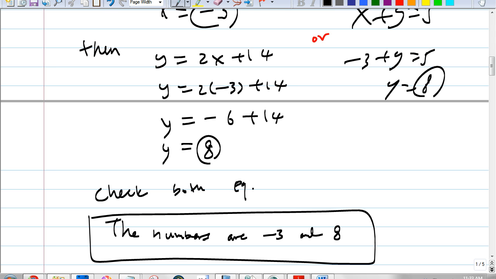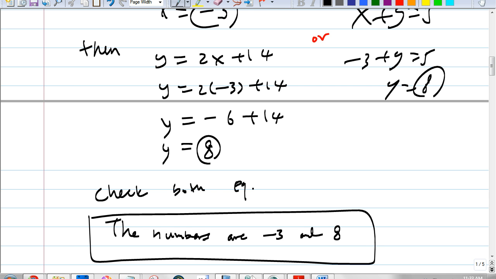So, do you think it's good enough for me to verify that -3 plus 8 is 5? Is that good enough if you're checking? No, you have to check both equations. Why is it not enough to just check that -3 plus 8 is 5? Tina? Because that's the equation where you found one of the answers, so you should check both, just to make sure that it works for both equations.